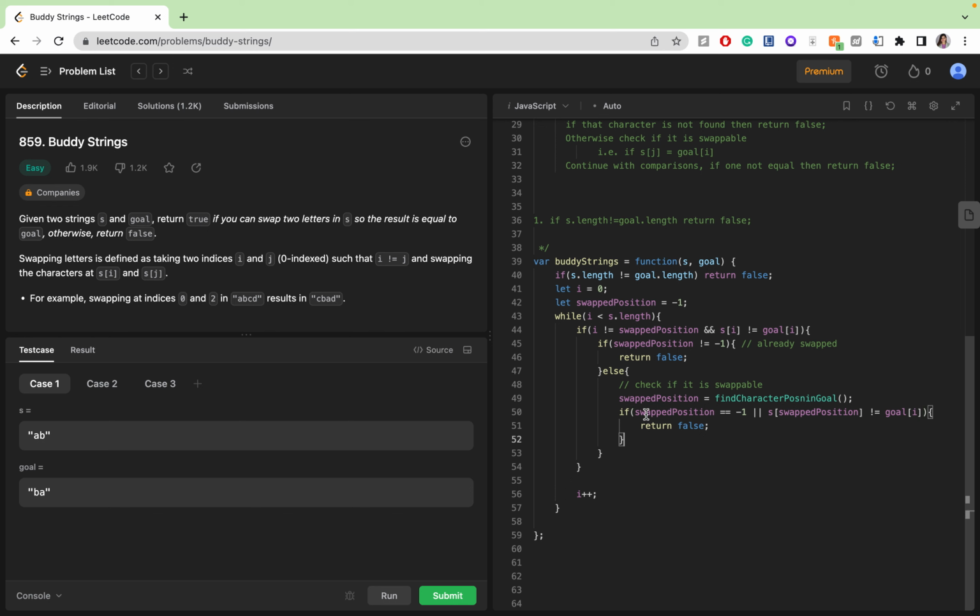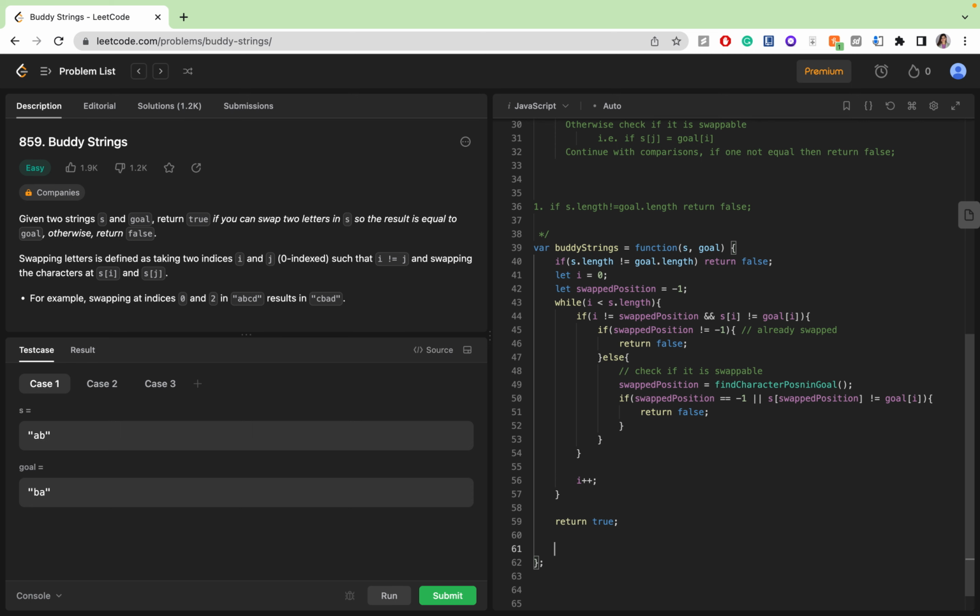If swapped position is equal to -1, or if it is equal to goal, then it will not return false. So only at last it will return true. If I come up to last, then it will return true, right?